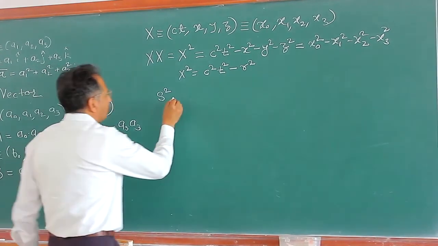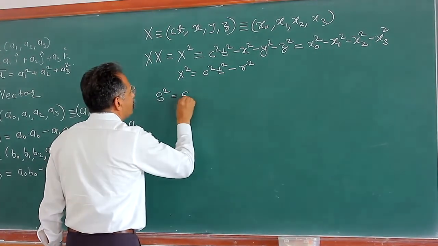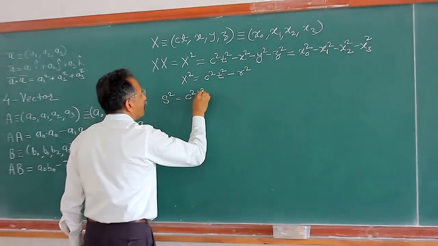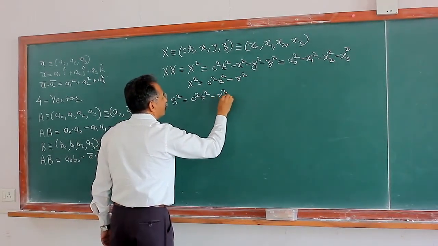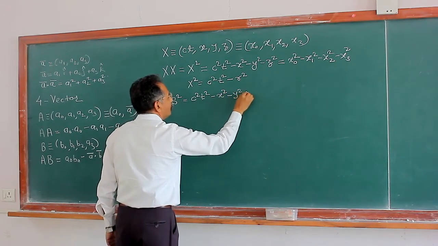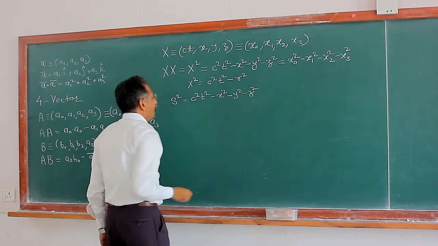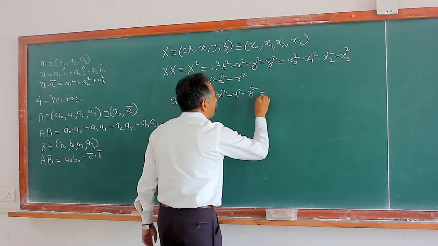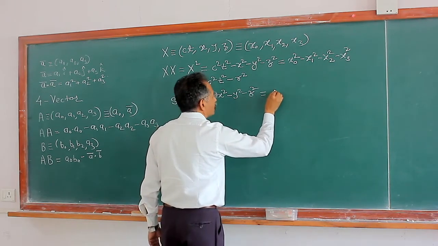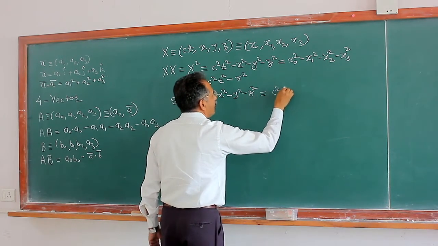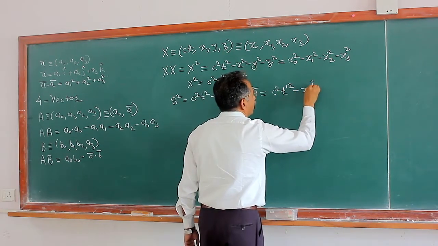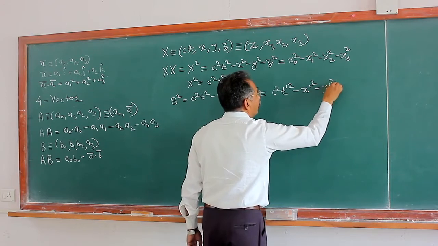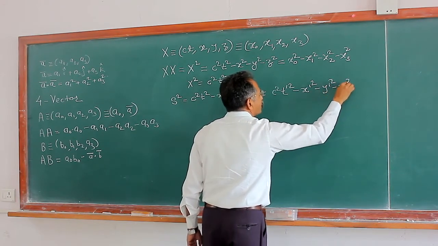That s square we write as c square t square minus x square minus y square minus z square, and it is the same for all inertial observers. So c square t dash square minus x dash square minus y dash square minus z dash square.